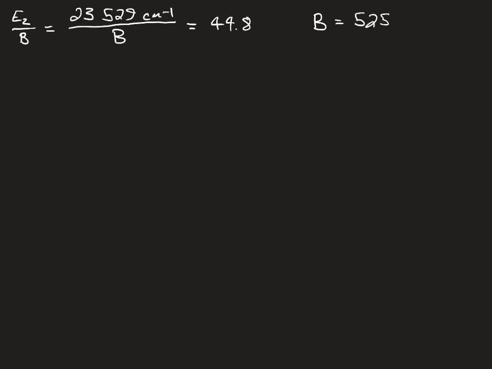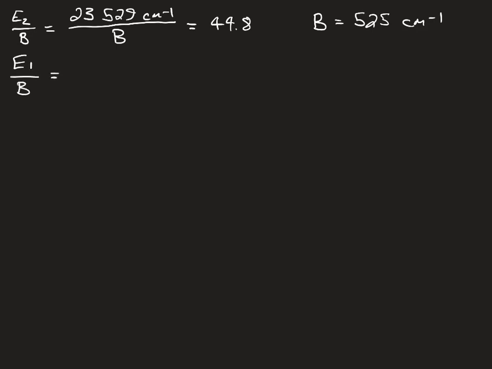Now we're going to go through and calculate B and the value for 10Dq or delta O. So that E2 over B value is equal to the energy of that transition, 23,529 wave numbers, over the value for B, which is equal to 44.8. So solving for B, we get a value for B equal to 525 wave numbers.